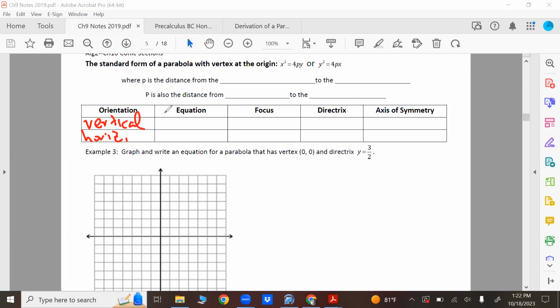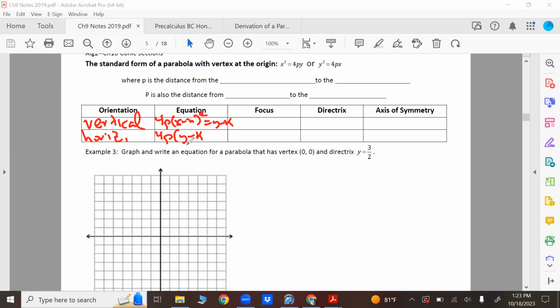I didn't give myself enough space, did I? 4p times x minus h squared equals y minus k, or 4p times y minus k squared.